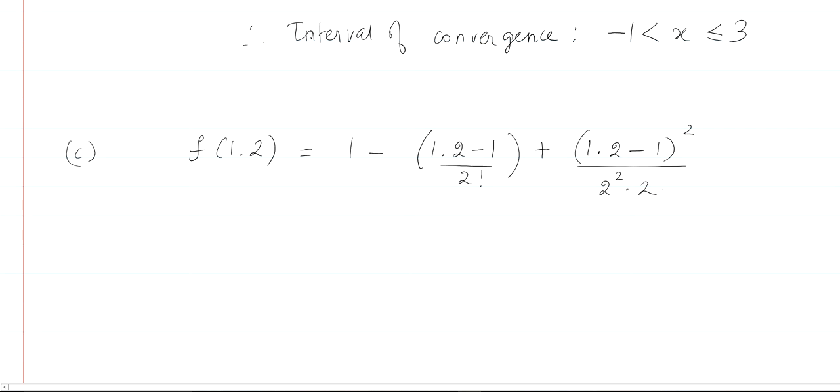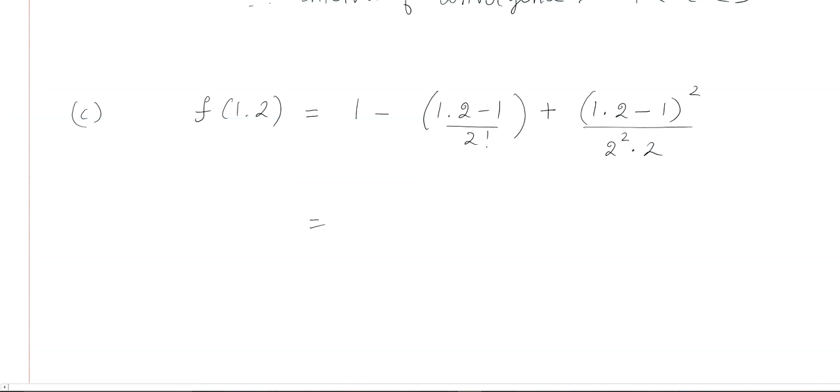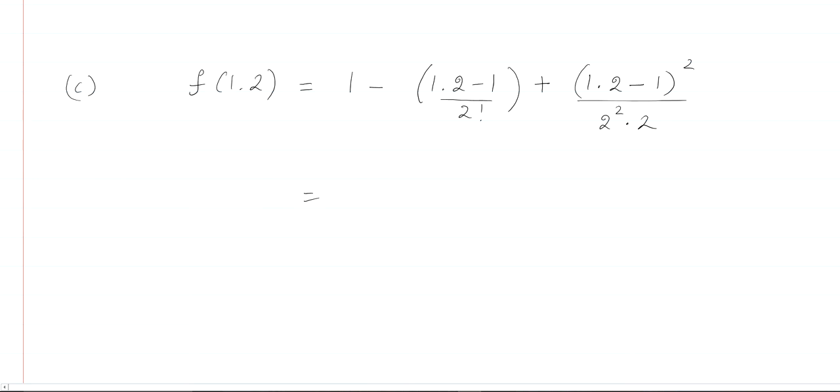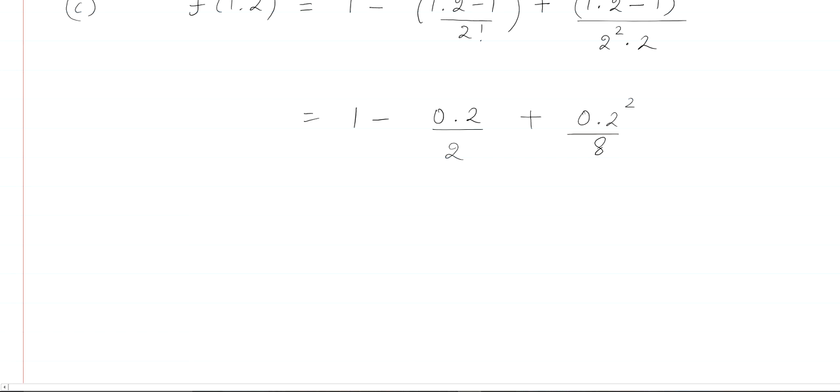These are the first three terms, and you can calculate this number. You should have something like 1 minus 0.2 over 2 factorial, which is 2, plus 0.2 squared over 8. So these are the first three terms.